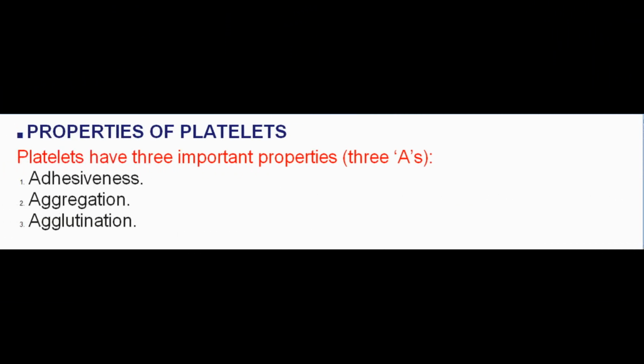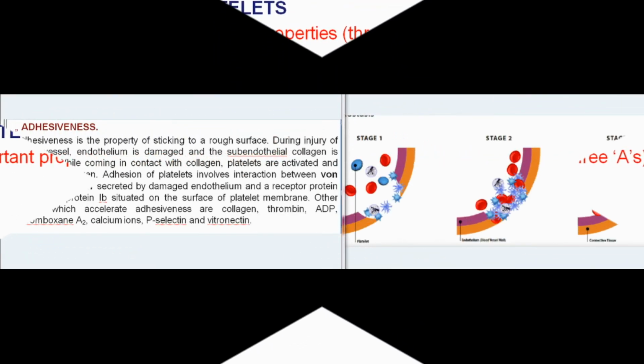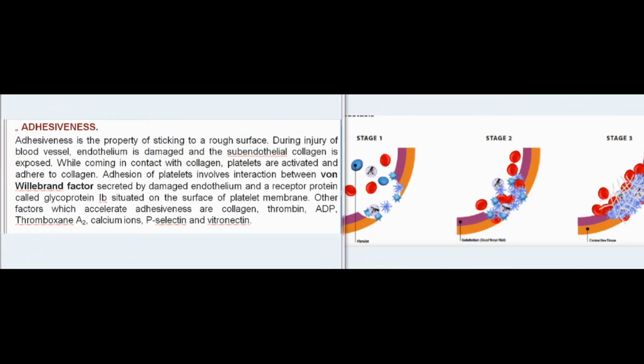Properties of platelets. Platelets have three important properties, the 3 A's: adhesiveness, aggregation, and agglutination. Adhesiveness is the property of sticking to a rough surface. During injury of a blood vessel, endothelium is damaged and the subendothelial collagen is exposed. While coming in contact with collagen, platelets are activated and adhere to collagen.